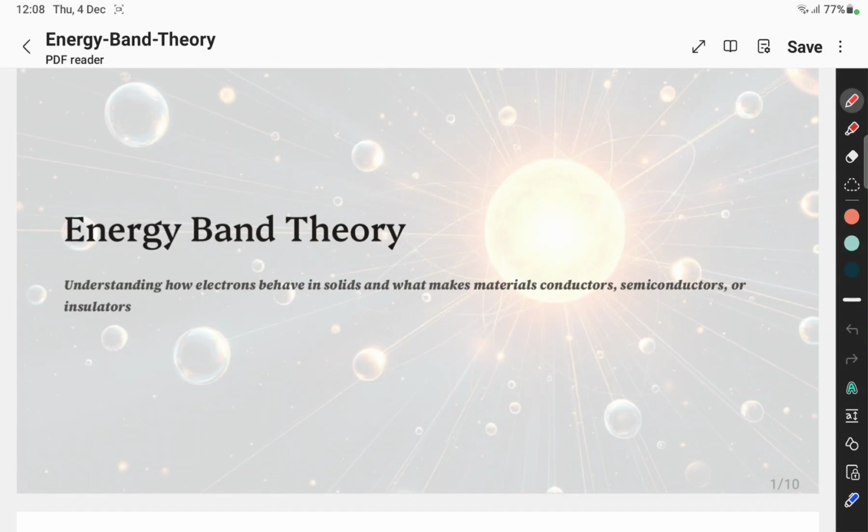Learners, today we are going to explore a very interesting concept in electronics, that is energy band theory. This theory helps us understand why some materials can conduct electricity, why some materials resist conducting electricity, and why semiconductors are very important, and how semiconductors stand as a backbone of modern technology nowadays.